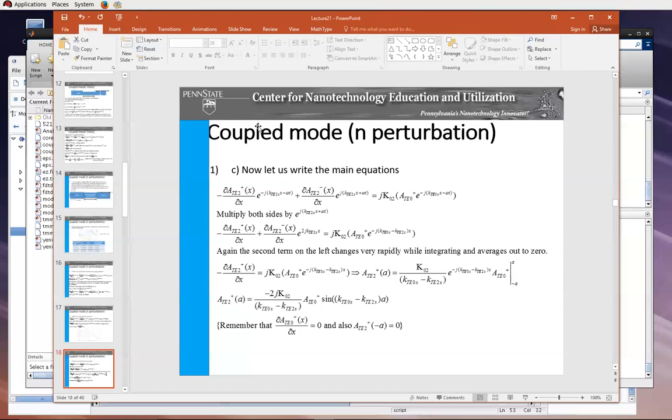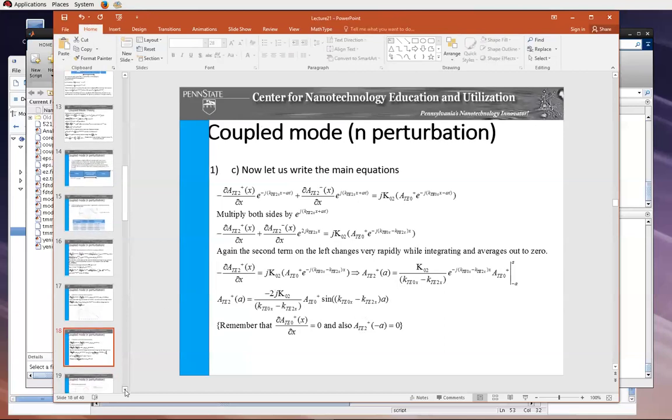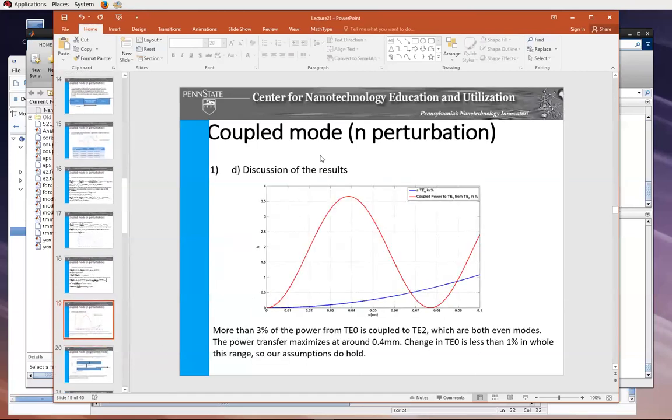And if we square this term, you will end up with the power. So that will show us the power change along the perturbed zone. As you can see, along the perturbed zone, the coupling from the 0 to the second order is a little bit higher than 3.5%, which is not too big, but still there.